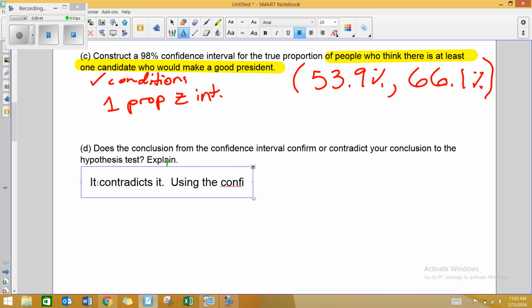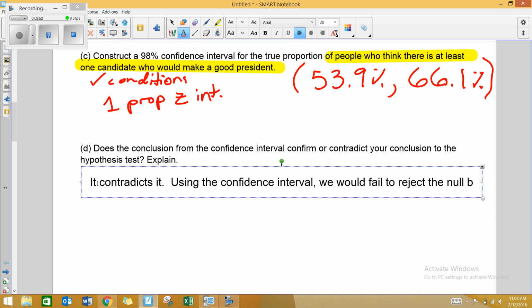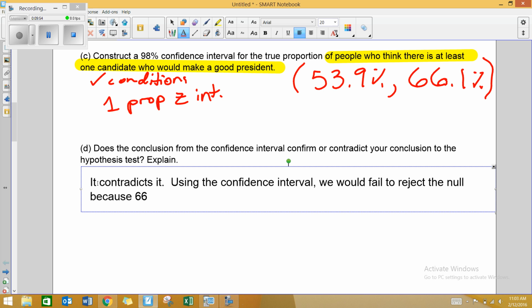Using the confidence interval, we would fail to reject the null because 66% is in the interval. So why? Well, let me just draw the picture for this and talk.